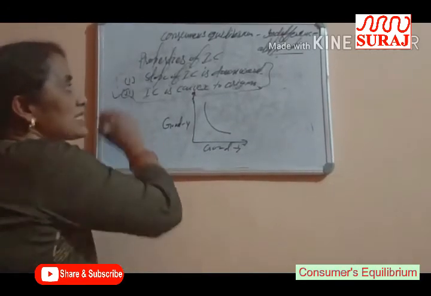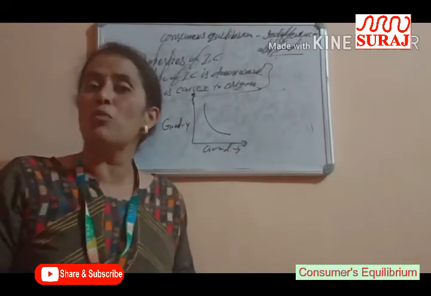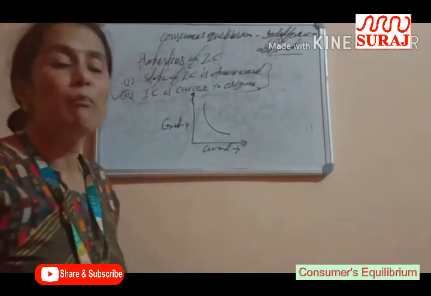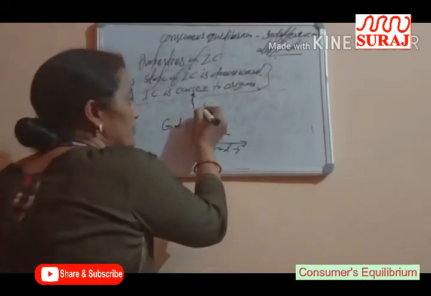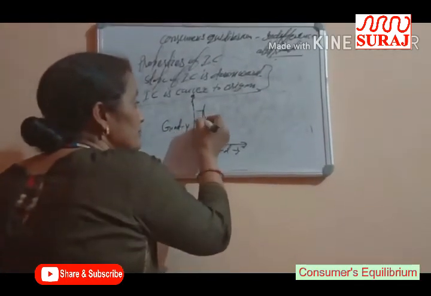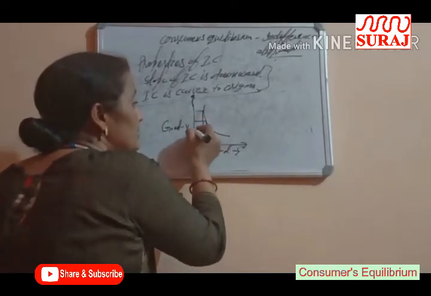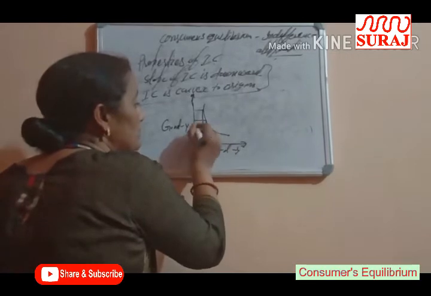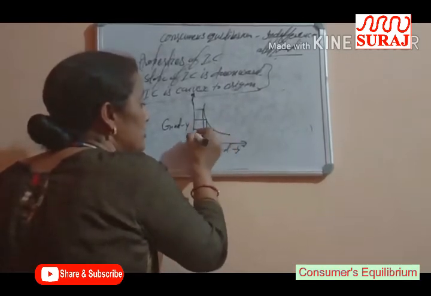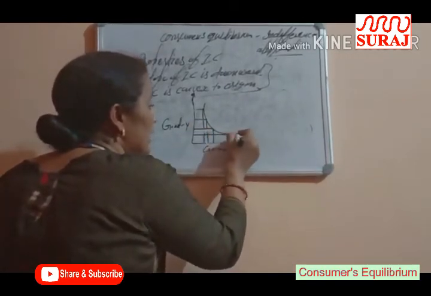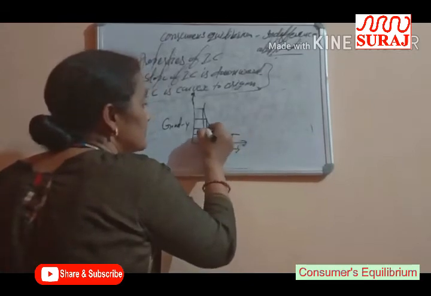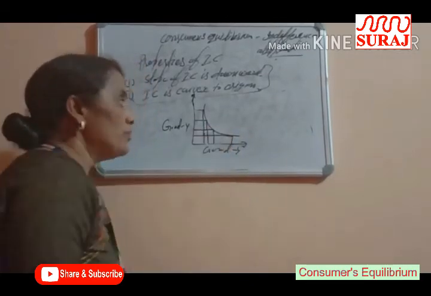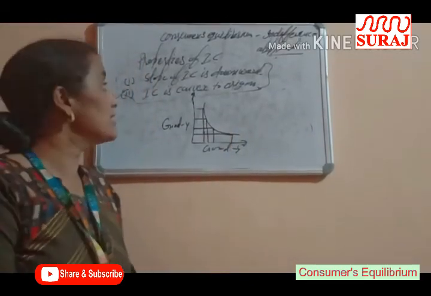After this, the IC is convex to the origin. The slope of IC depends on the marginal rate of substitution, which is the rate at which the consumer can sacrifice one good for another good.